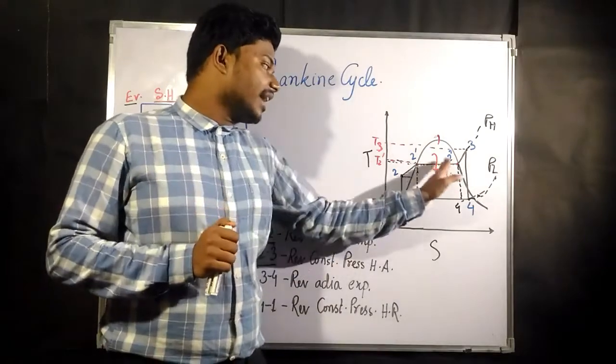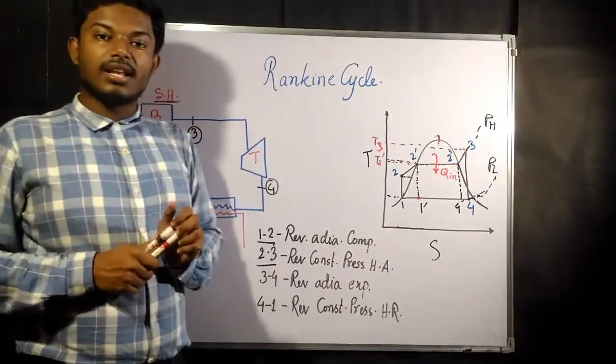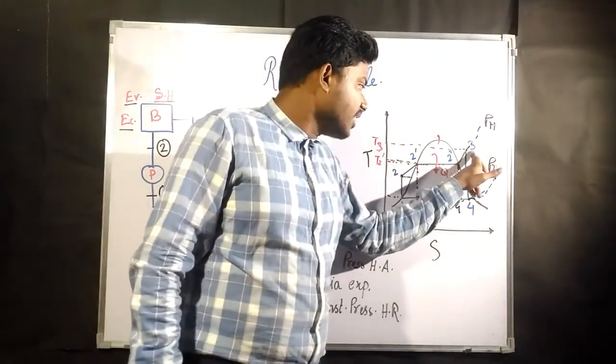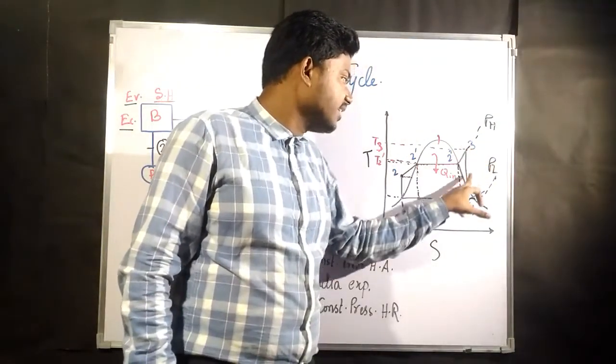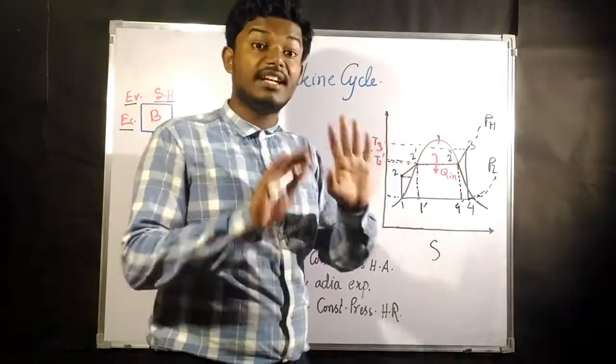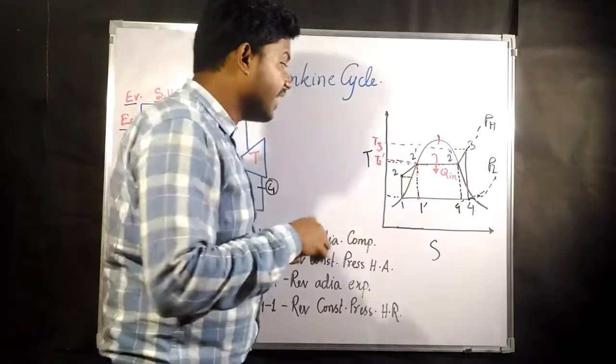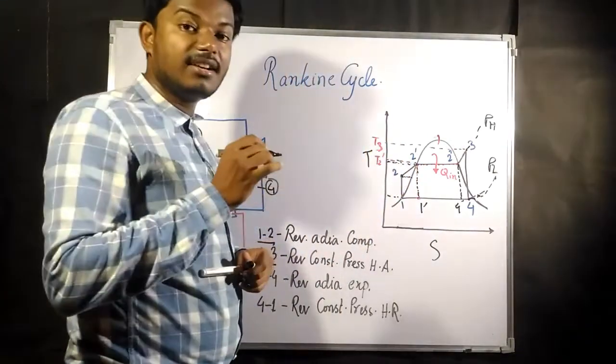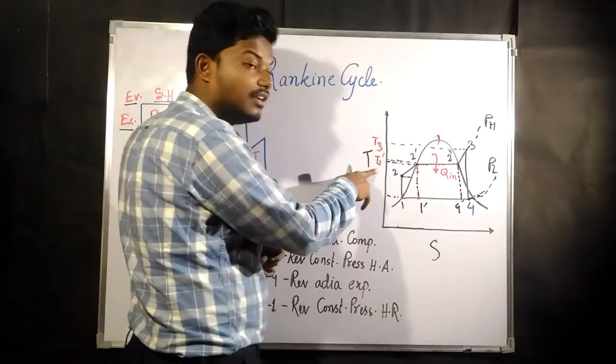Now you can say something about the work done by the Rankine cycle at the same pressure. If the temperature is not mentioned, then for the Carnot cycle the highest temperature is T2 dash.